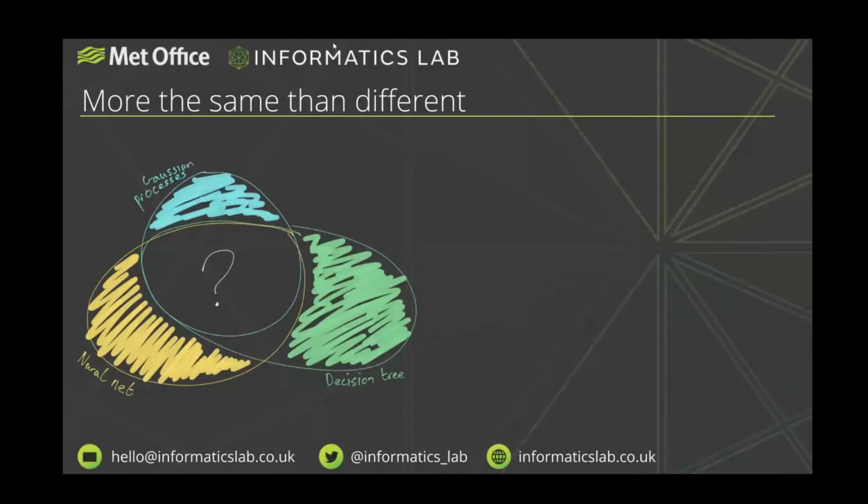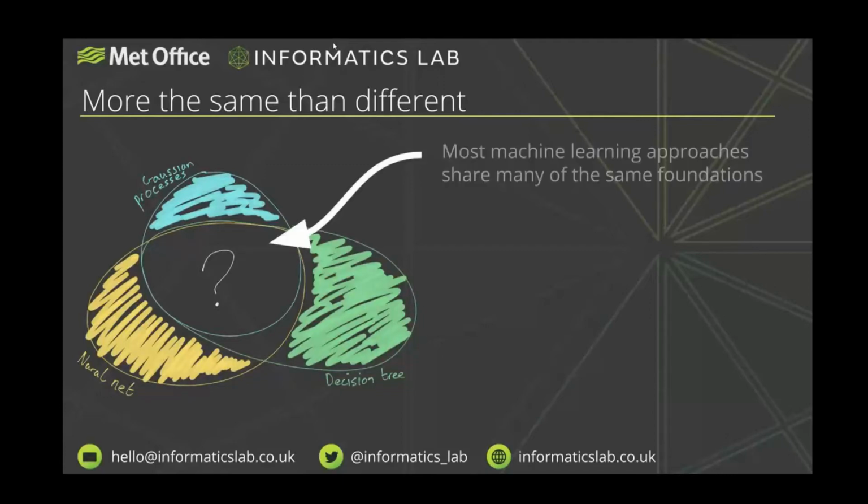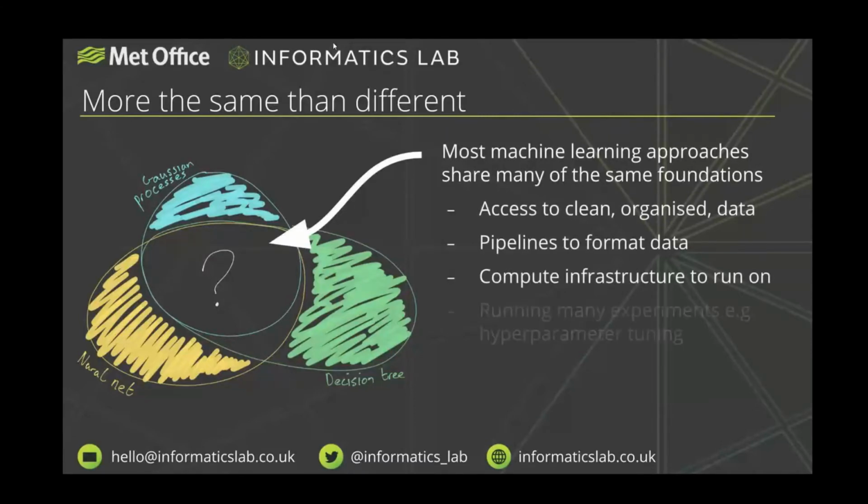There's a lot of need to process data, clean data, find data, format data, all these activities: pipelines, compute infrastructure, running multiple experiments to do hyperparameter tuning. These things are common no matter where you're going with your data science or machine learning research. There's a big area of overlap. So again, work in this overlap benefits a large community of people.